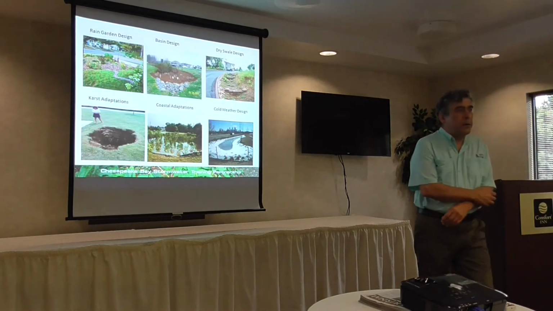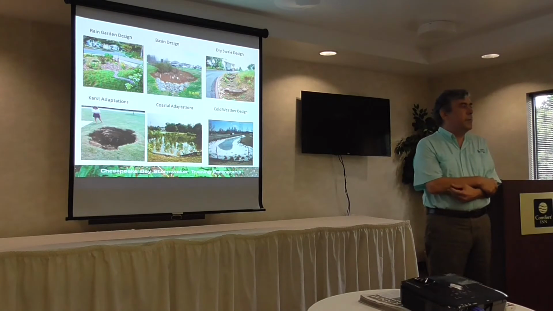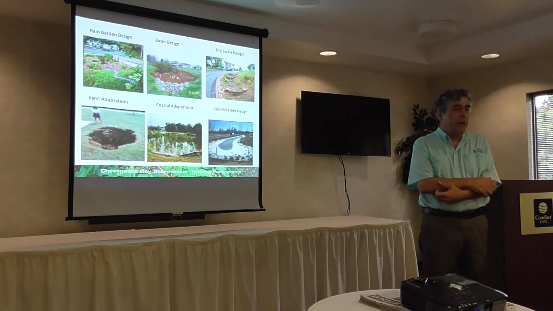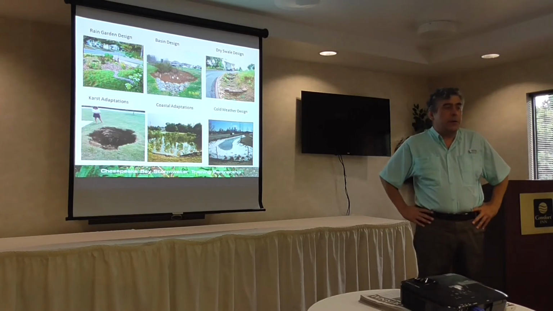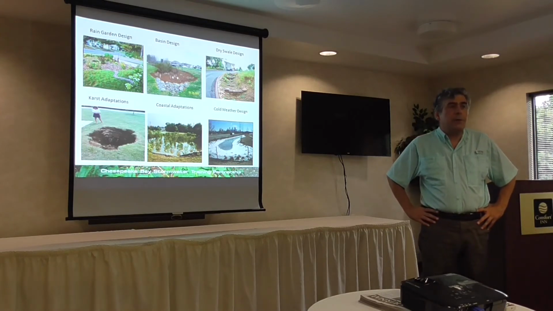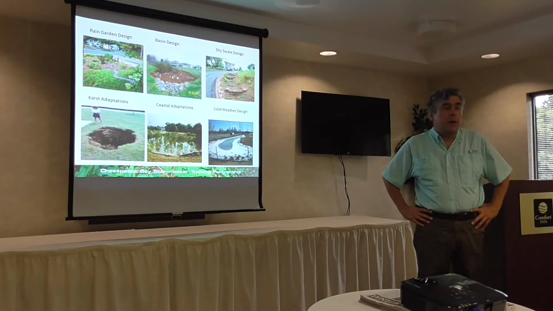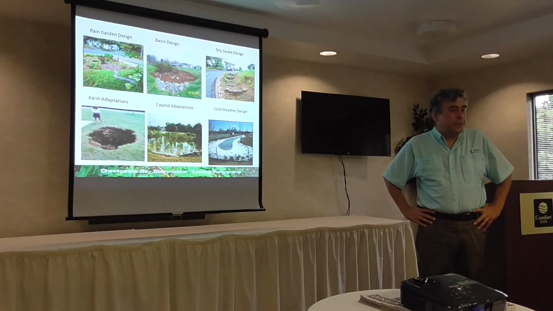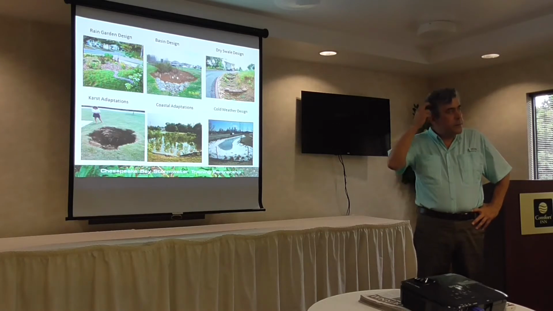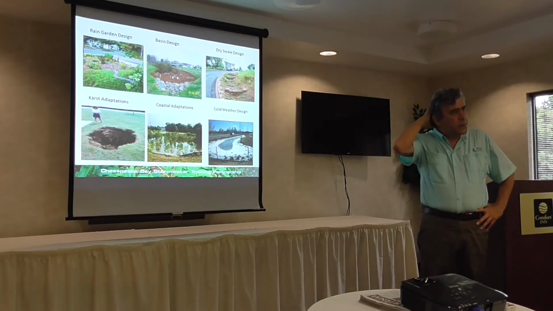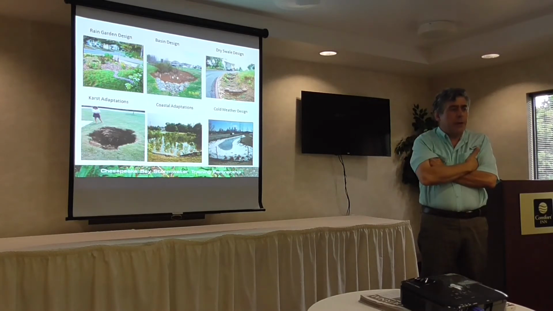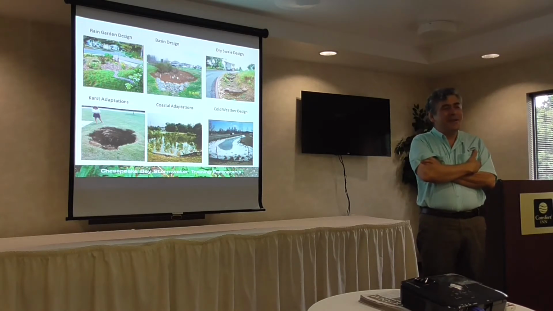We'll look at rain garden design, which is just a small bioretention area. We'll look at the design of larger basins. We'll look at dry swales, which are a form of bioretention, just a linear form. We'll talk a little bit about karst, because there's a fair amount of karst in this region. Is that fair to say? And so we'll talk through that issue. We won't talk about coastal adaptations because we're pretty far away.